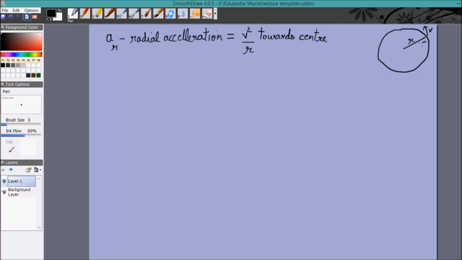So this will be AR. The magnitude is v squared by r, the direction is towards the center. Now we see as the object moves along the circle, the direction of AR changes. For example, if the object moves and after some time it reaches this point, this is supposed to be tangential.